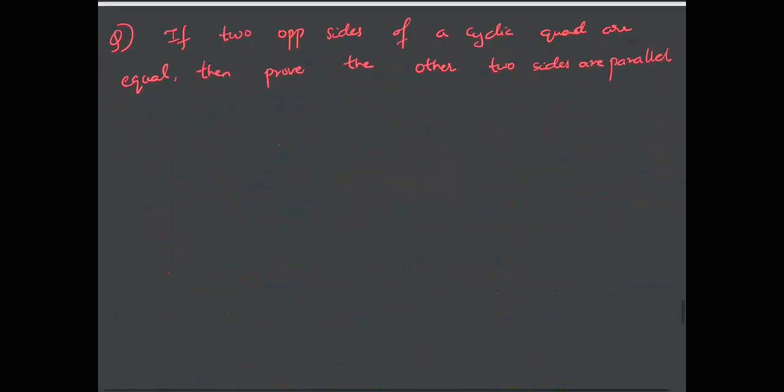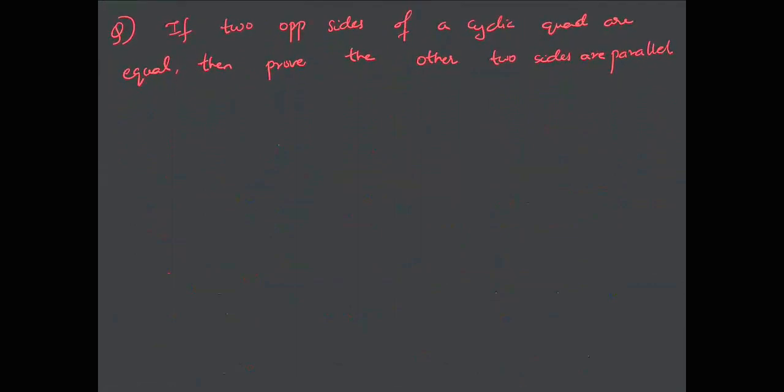Prove this question. Pretty straightforward one. If two opposite sides of a cyclic quadrilateral are equal, then prove that the other two sides are parallel.